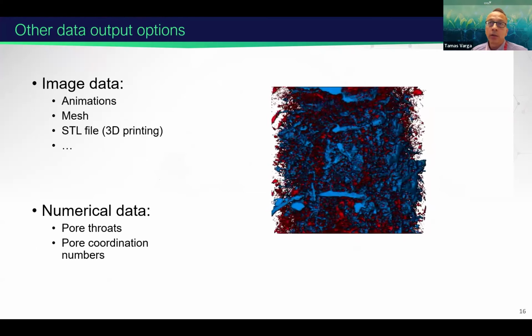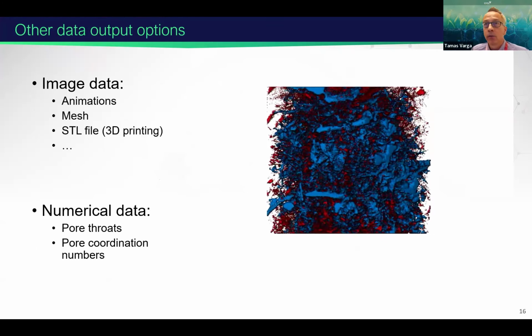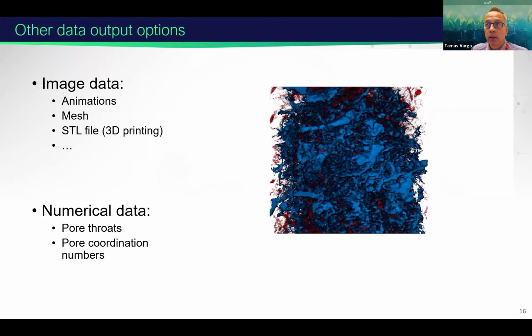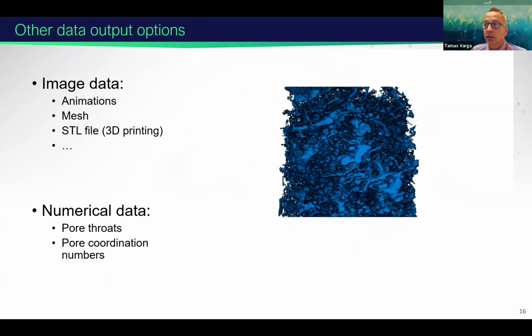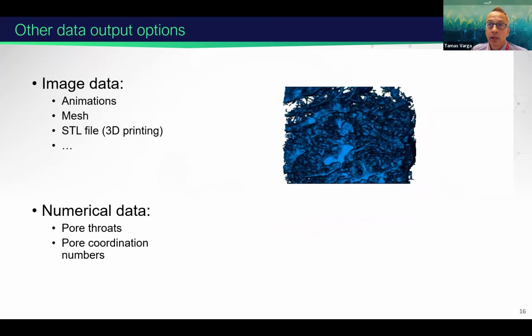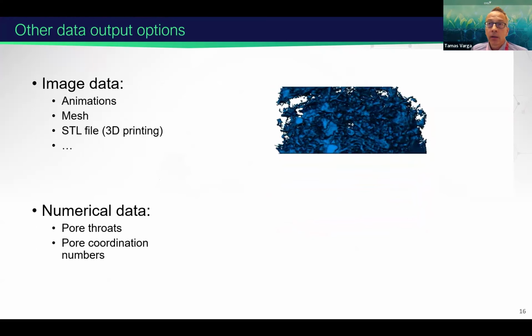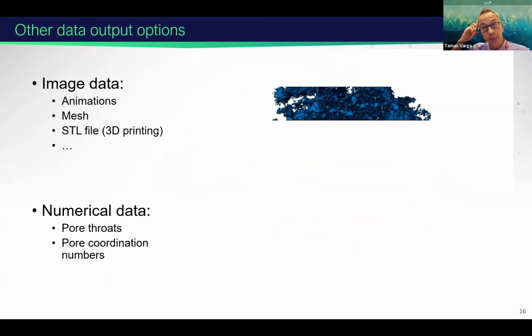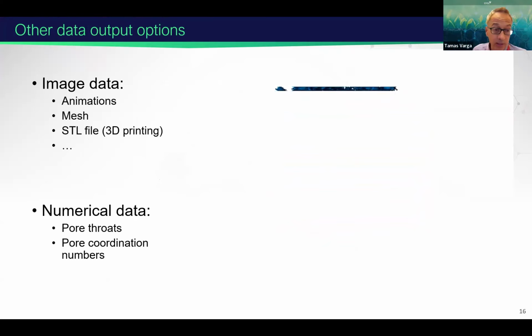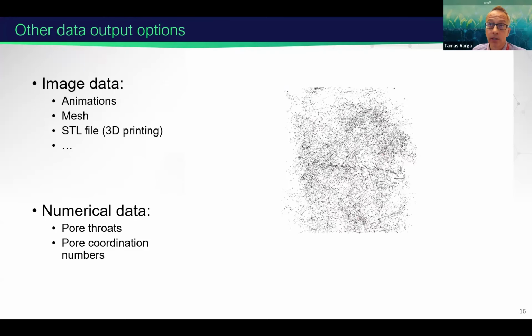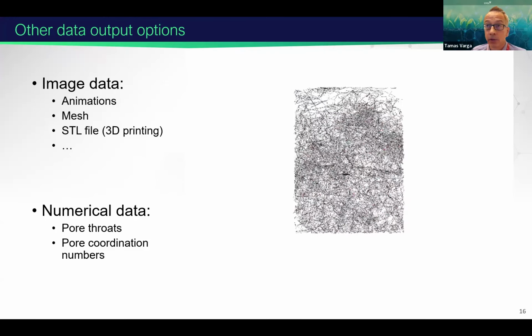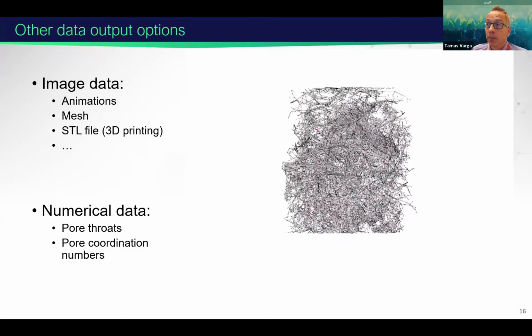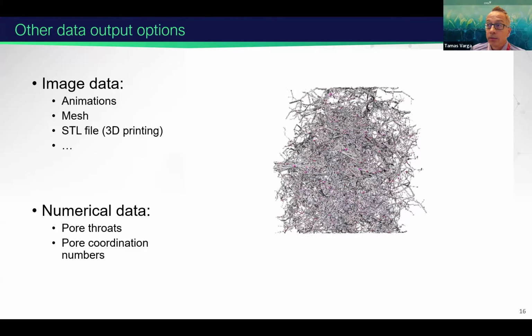So in addition to what we provide for MONet, we can also create animations like this from the data for publications, convert the segmented porosity into a mesh or an STL file, that is a stereolithographic file that can be 3D printed, or just opened for easy visualization.